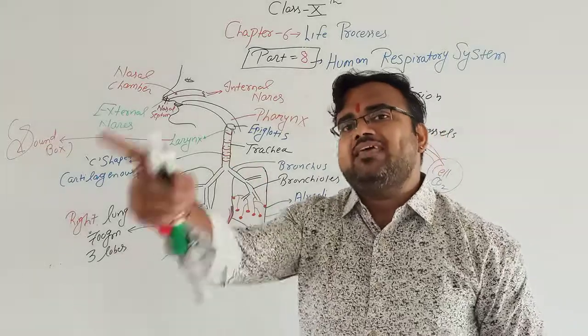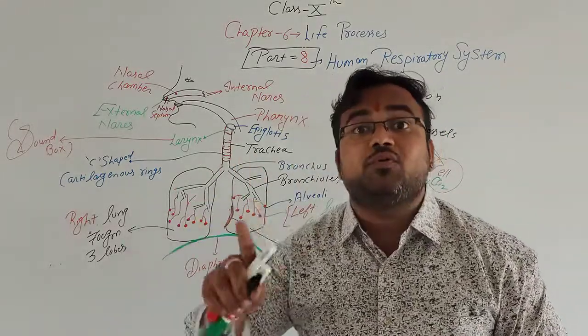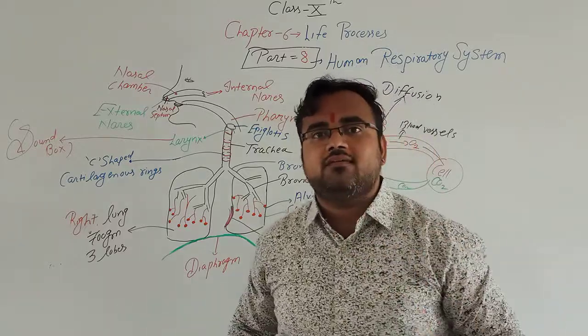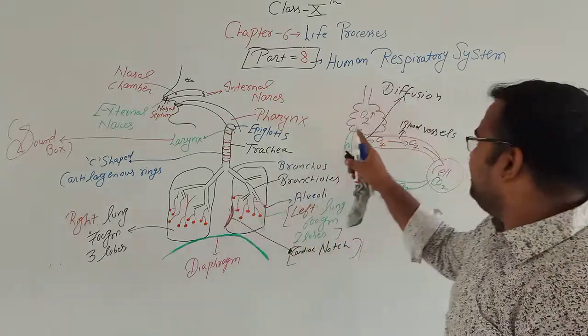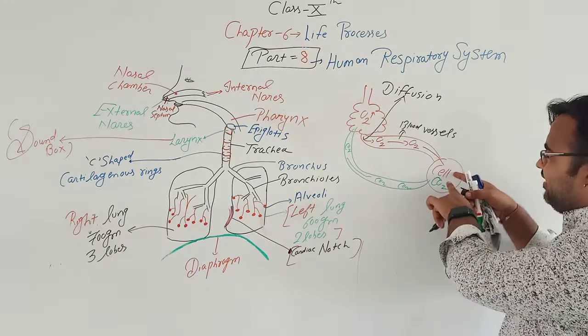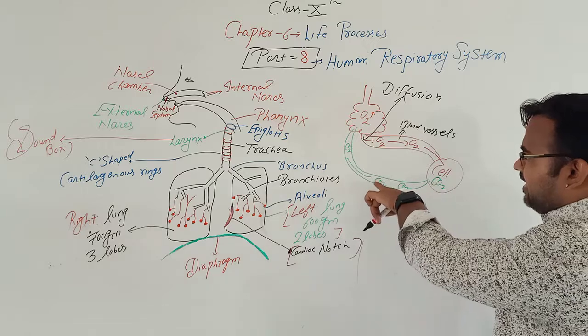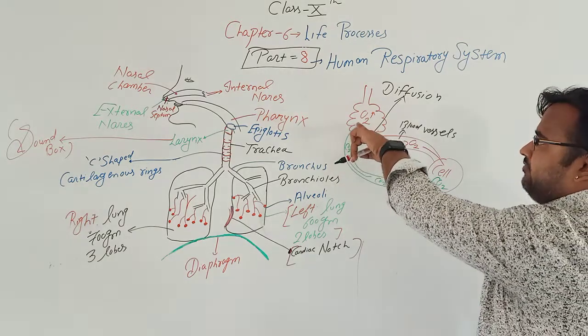The body cell will utilize the oxygen and release carbon dioxide by the process of respiration. Carbon dioxide is a waste product, and it will be transferred to the alveoli.